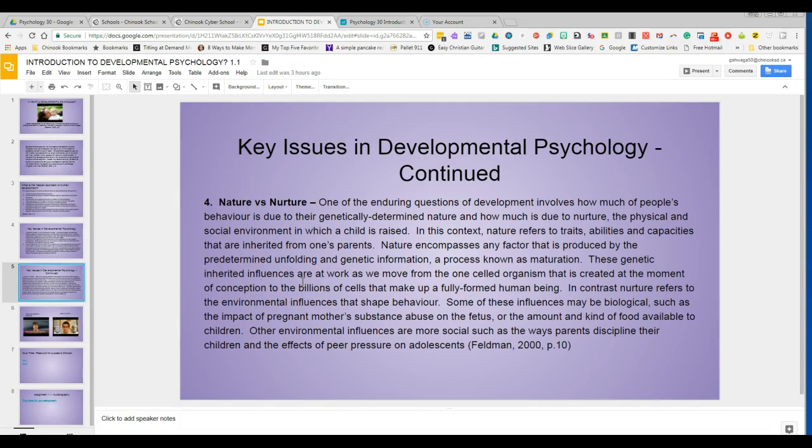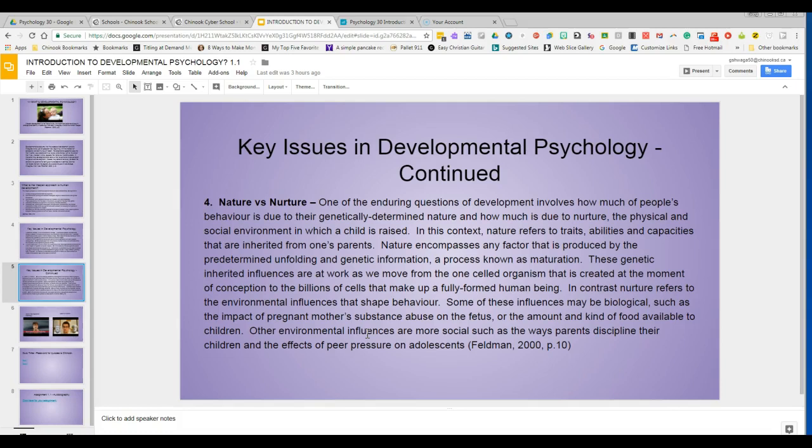They obviously play a role in who we are. Some of the influences are biological, the impact of the pregnant mother's substance abuse is an example. There are other environmental issues, more social issues, such as the way parents discipline their children and the effects of peer pressure on adolescents.